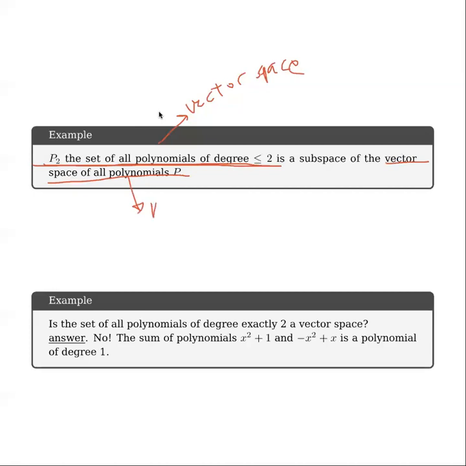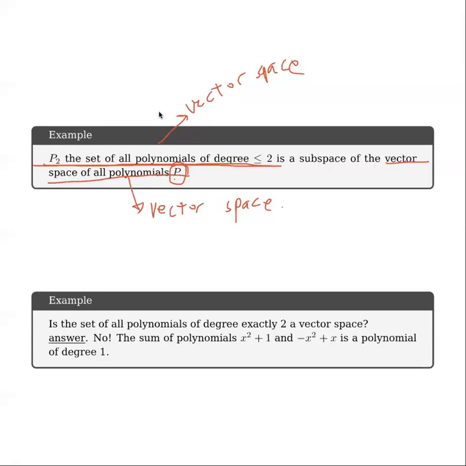This is also a vector space. And P2 is a subset of P. The set of all polynomials of degree less than or equal to 2 is a subset of the set of all polynomials, and they have the same addition operation and the same scalar product operation.